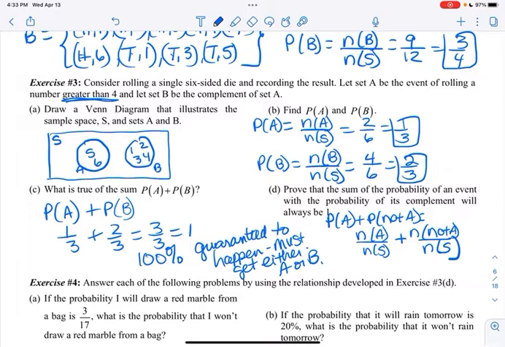Another way of writing not A is the number in your sample space minus A, and don't worry about this too much. Those A's are going to cancel out, and you're going to have N, the number of ways in your sample space, over the sample space, which is 1.